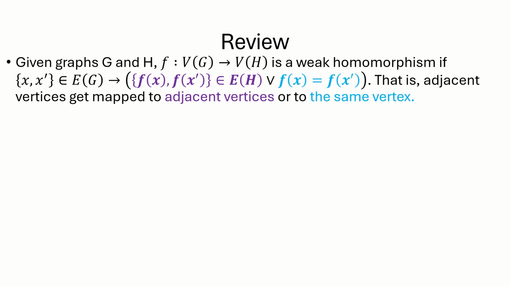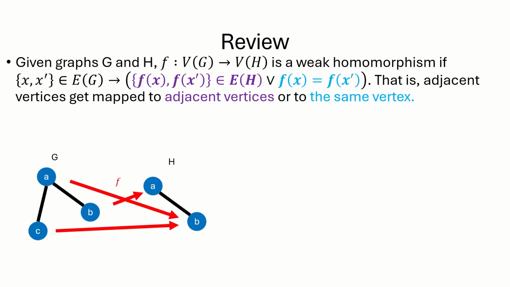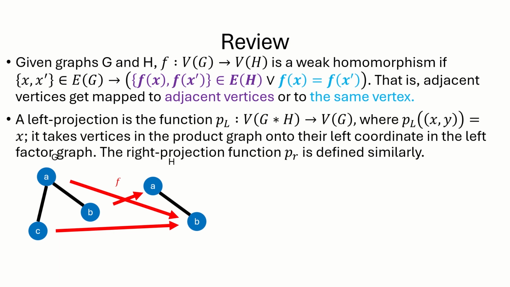To review, a weak homomorphism from a graph G to a graph H is a mapping that sends a pair of adjacent vertices in G to a single vertex in H or to an adjacent pair of vertices in H. Next, recall that a projection from a product graph G times H to one of the factor graphs is a mapping from the vertex set of G times H to the vertex set of G that takes a vertex UV in G times H to the vertex U in graph G if it's a left projection, or to the vertex V in graph H if it's a right projection.